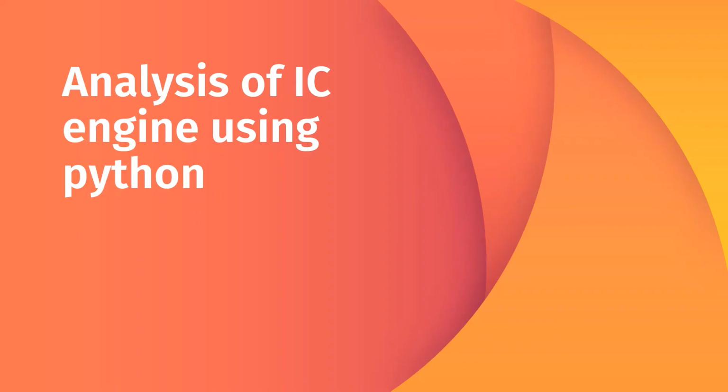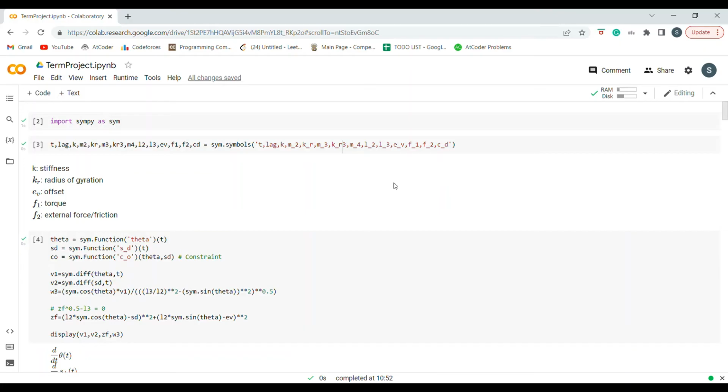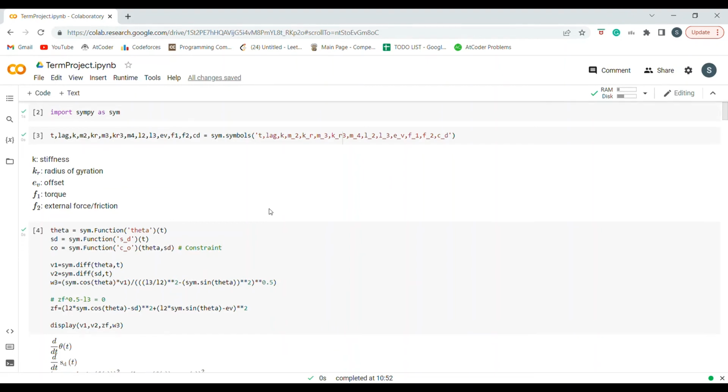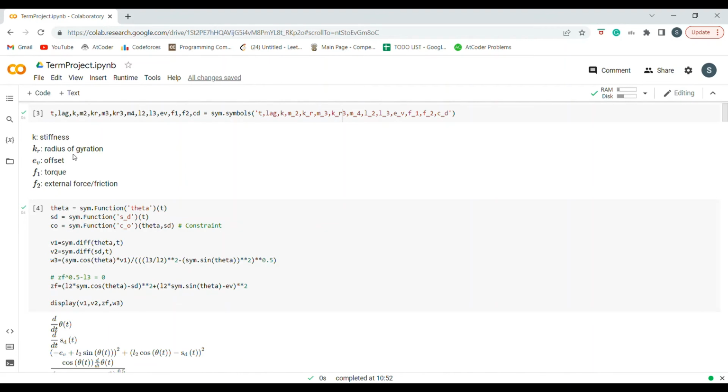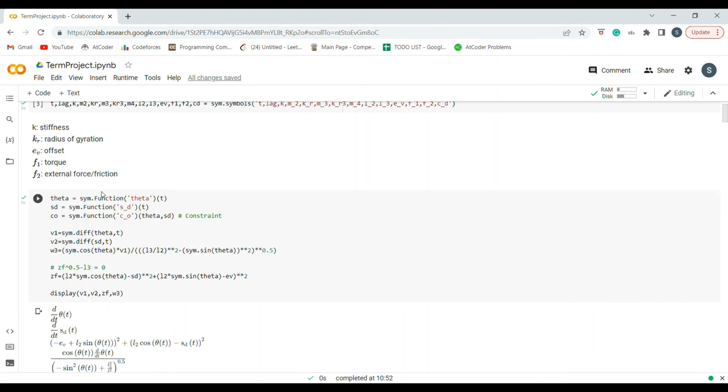Now let's start with the analysis of IC engine using Python. This is the code for SymPy for the simulation. Now, coming to the code, K is the stiffness, Kr is the radius of gyration, EV is the offset, F1 is torque, and F2 is the external friction force.